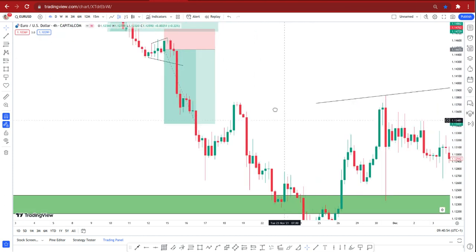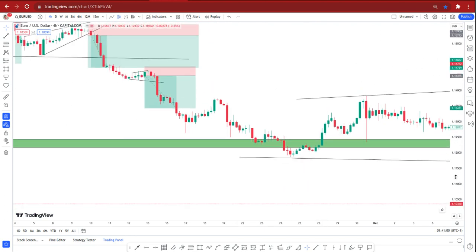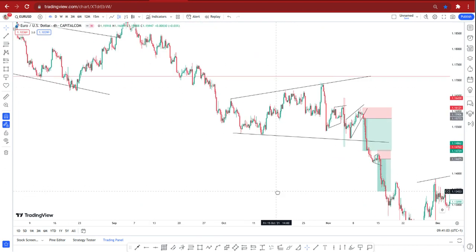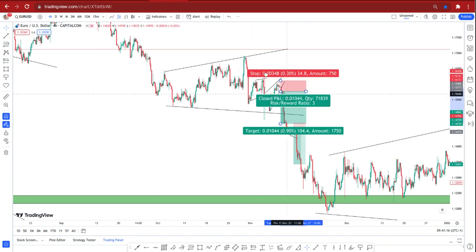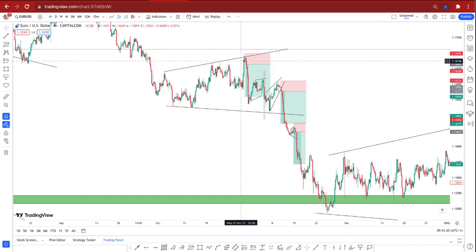Then let me zoom out. So in this zone here, probably this day, this is a risk entry, which is getting entry here. This first bearish engulfing is a risk entry.